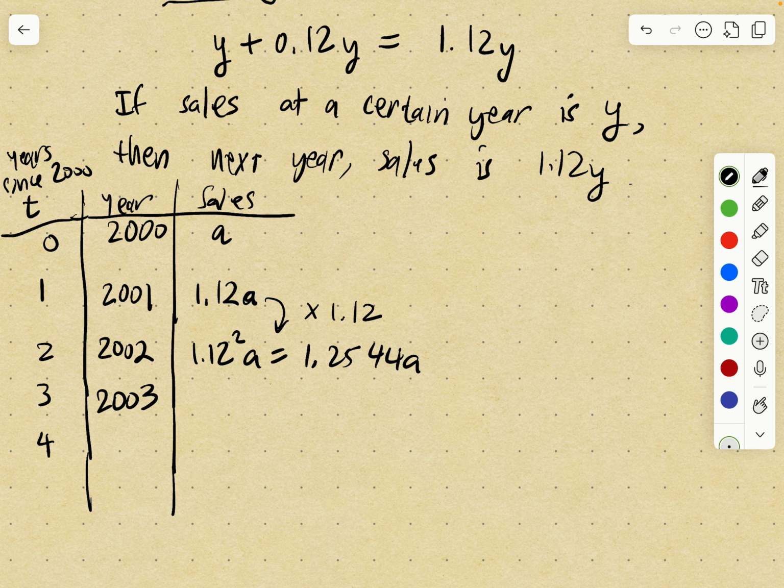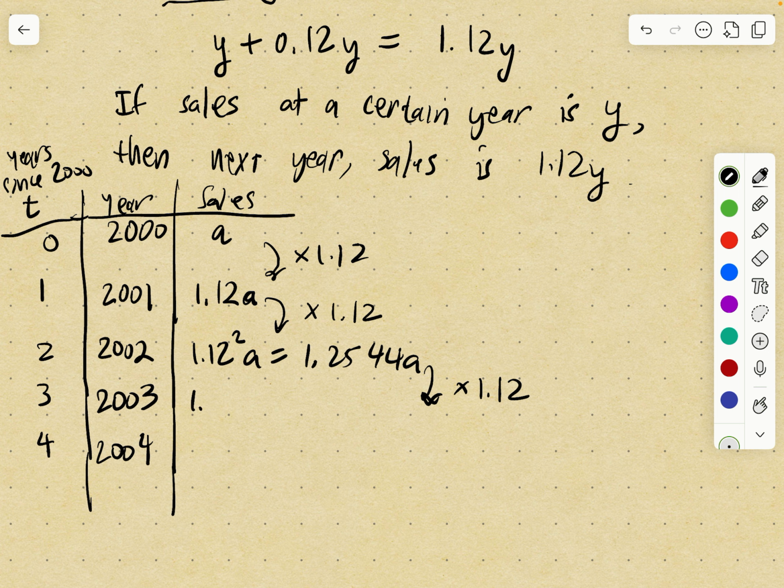Then to see what happens in 2003 and 2004, each year you multiply by 1.12. That's the point. When it says increased by 12% a year, that means that each year it got multiplied by 1.12. So to go to the sales in 2003, you again multiply by 1.12.